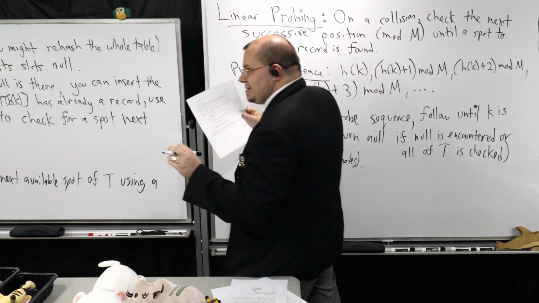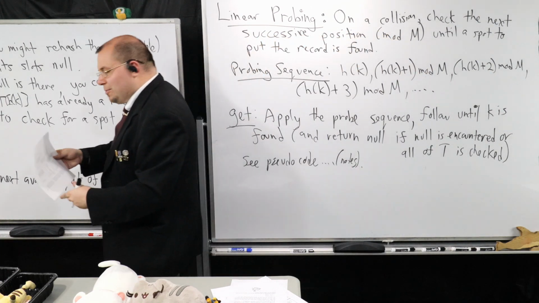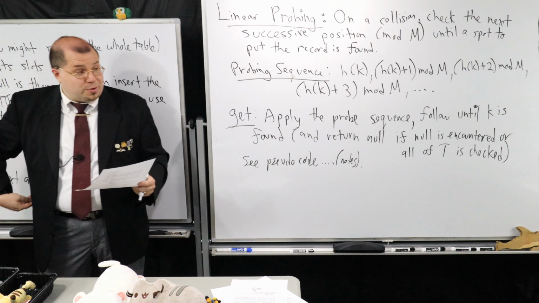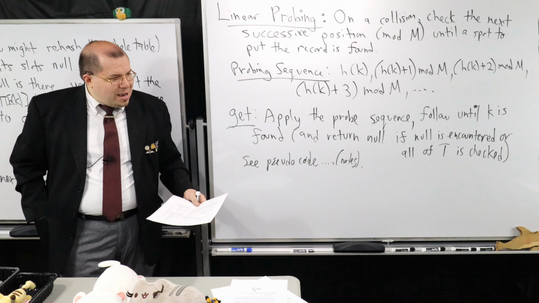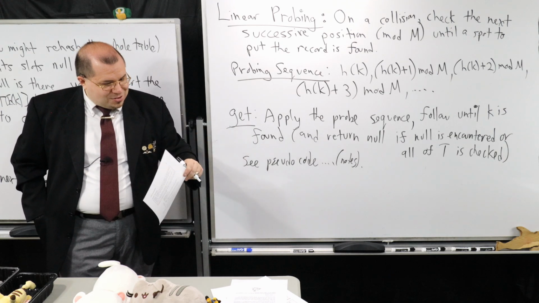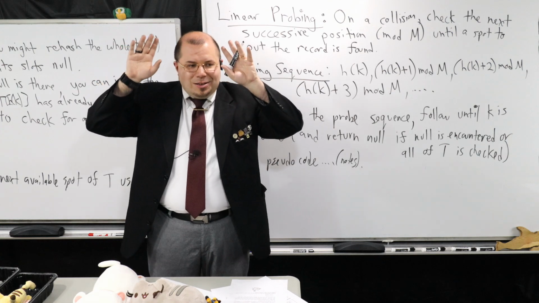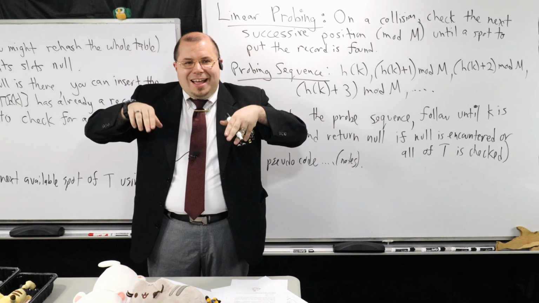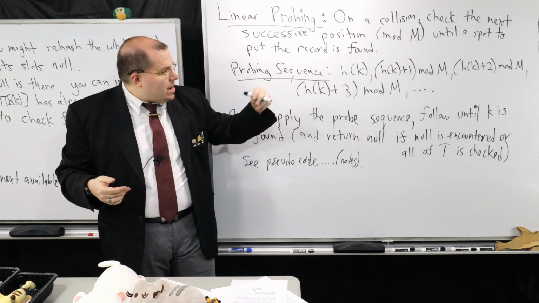I must stress again that you're going to see very quickly that we have a very similar setup to our previous one. I would just give you an idea for how this works. Imagine me as the big bunny. The first spot I examine is h of k.